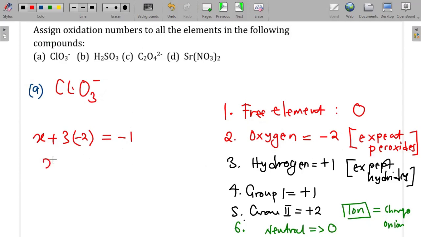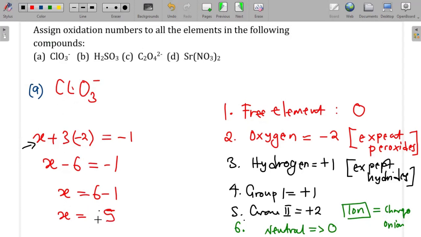So from here it will just be X minus 6 is equal to -1, and this will be X is equal to 6 minus 1, and X will just be equal to what? 5. So now, remember I said this X represents the oxidation number for the chlorine there. The oxidation number should always carry a sign. So don't just write 5 as the oxidation number of chlorine.